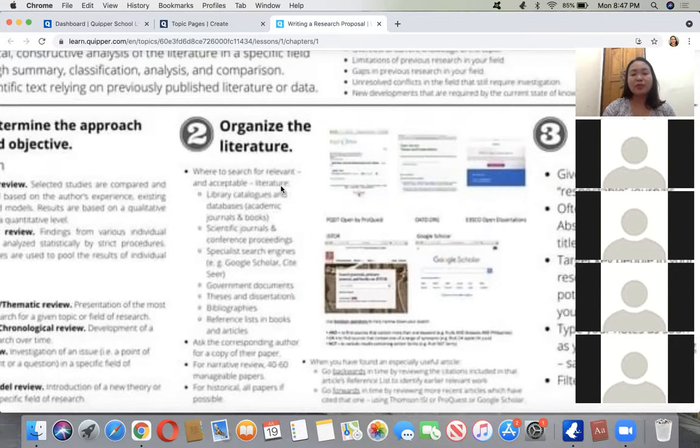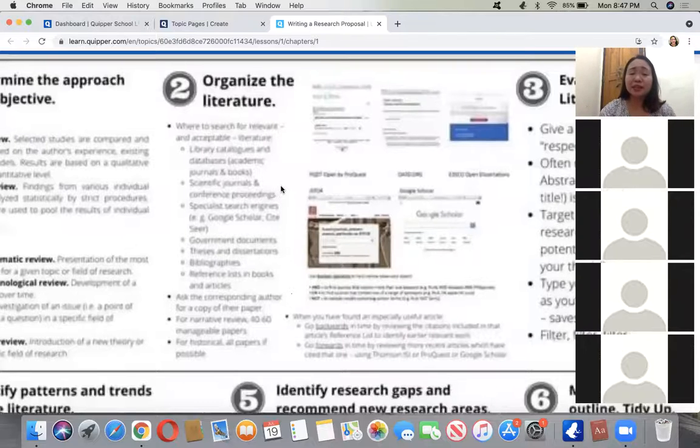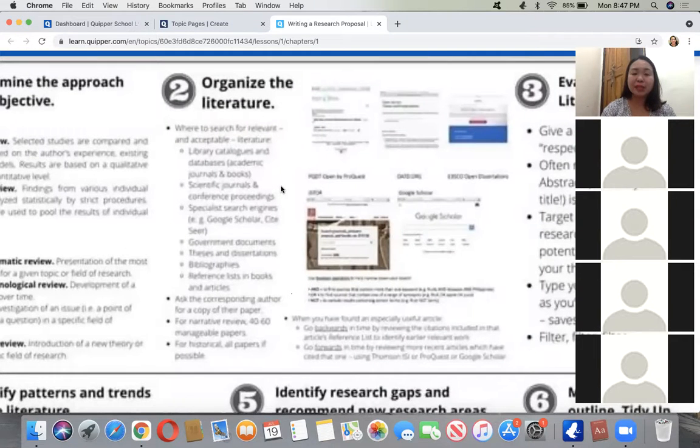Kasi I remember when I was having my PhD at UPLB, they don't want, di ba, ang pinaka-common nato na gina-research ay mga encyclopedia, Wikipedia. So, they don't accept that as a published literature. No?